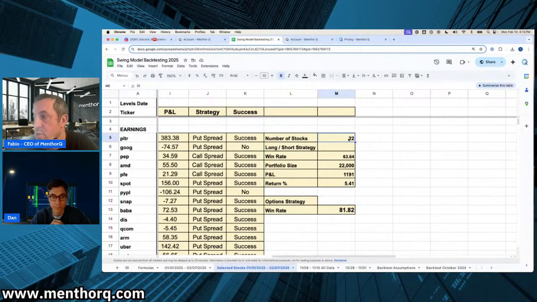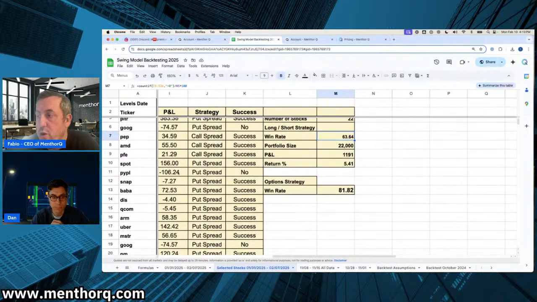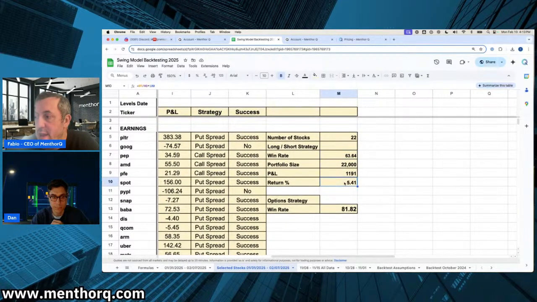So out of 22 stocks that reported, and this was during an earnings season, so during a lot of volatility, our long short win rate was 63.64%. So if we were to just go long or short these 22 companies, we would have made a 5% return, so $1,100 over our $22,000 portfolio, 5.41% return.